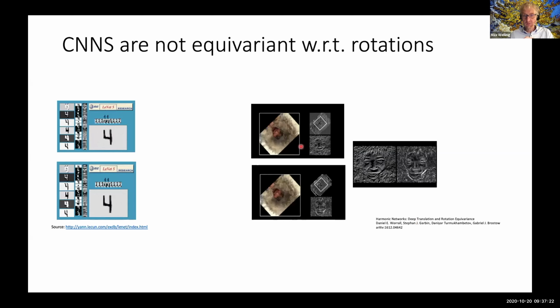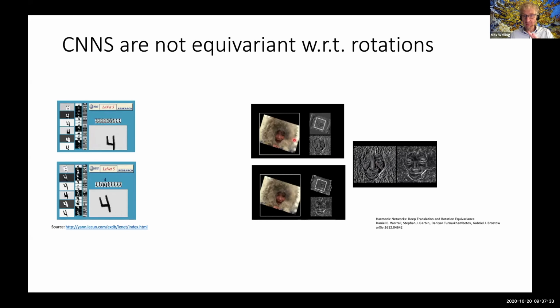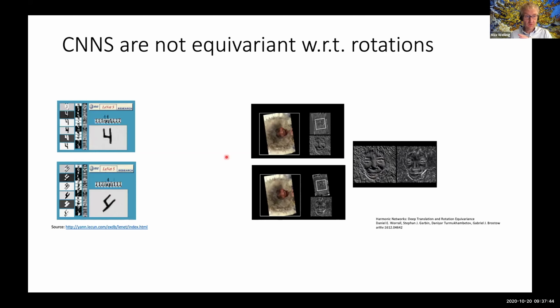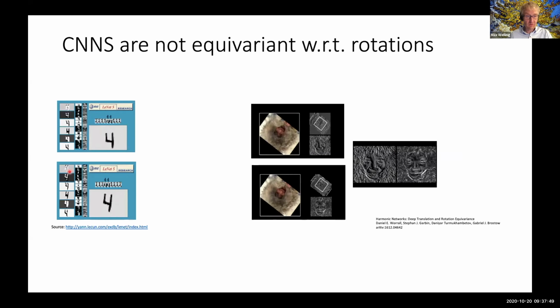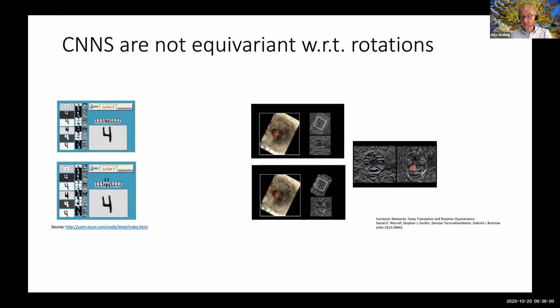So if you rotate an image around and you apply a normal CNN, and then you stabilize this image, which is like you take your camera and rotate it with the image, then you see this, right? You see things are moving around, they're not stable. Or you see the same phenomenon here, if you rotate the 4, as it rotates, it looks like it rotates, but it's also changing, right? But if you use a convolutional neural net that is equivariant, you'll see that, at least in good approximation, it will not change if you stabilize the image.